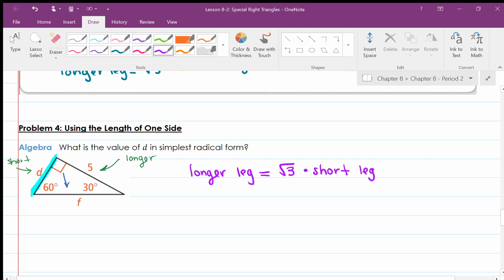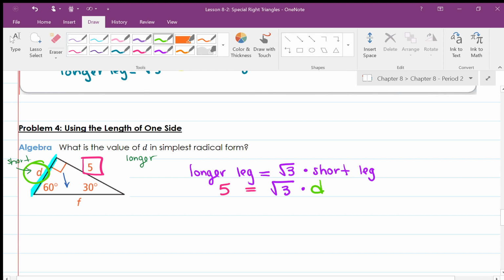Correct? But we don't have our shorter leg. We do, however, have our longer leg, which is 5. So we have 5 is equal to the square root of 3 times our shorter leg, and our shorter leg here is D.